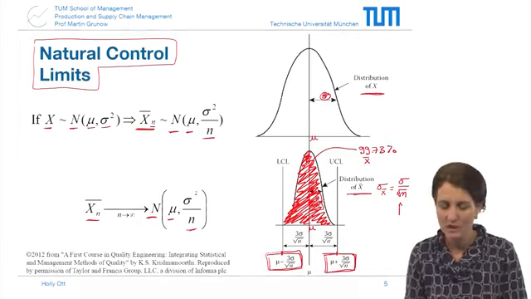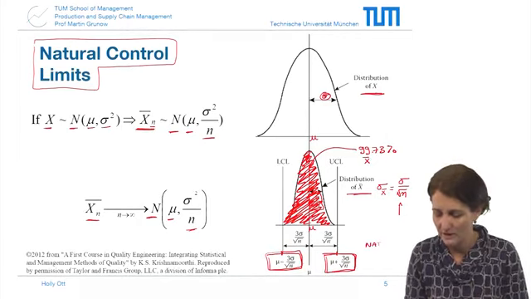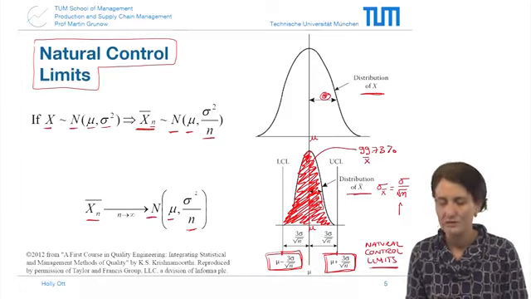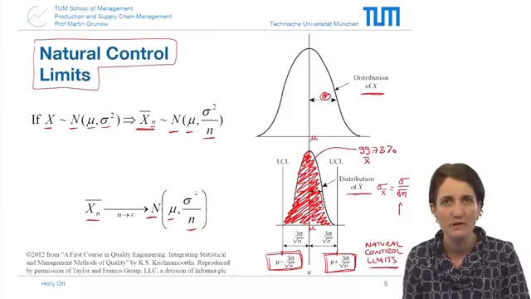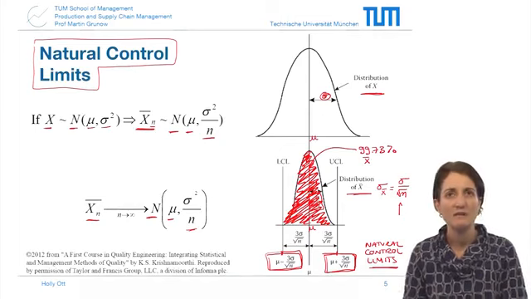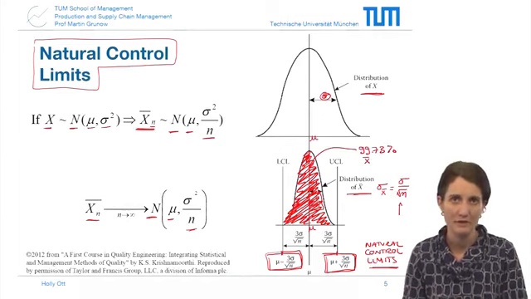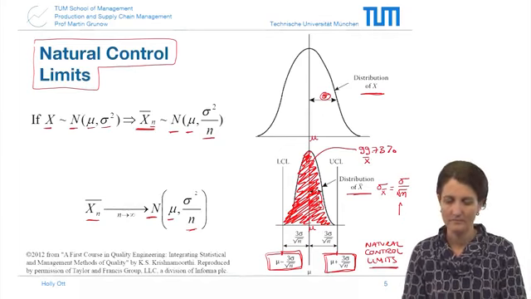And these limits we call the natural control limits. So in this lecture, we're trying to bring many of the things we learned then together and apply them for quality management. Okay.